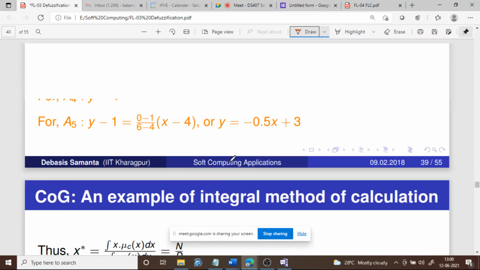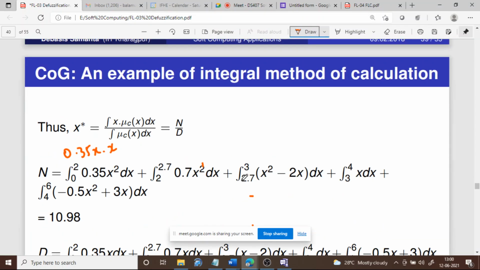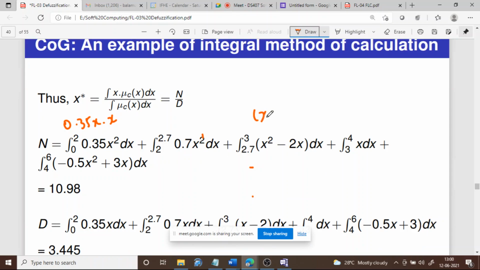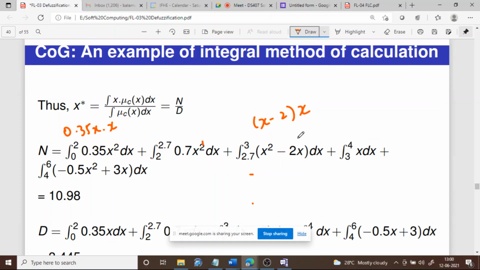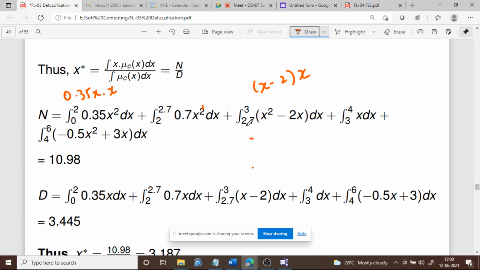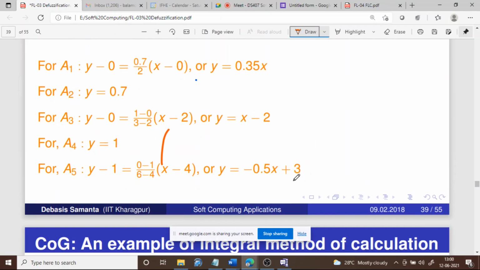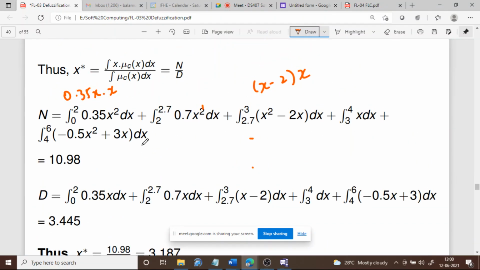The next value is x minus 2, so x minus 2 into x, which is x squared minus 2x. The last case here is 1, so 1 into x is x into dx. And next is minus 0.5x plus 3 into x, which is minus 0.5 x squared plus 3x into dx. Here there will not be the x squared, it is just x. So this is the numerator part.